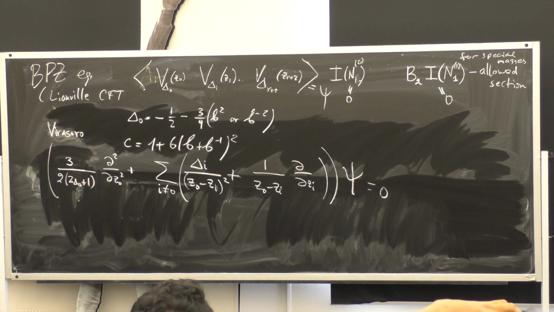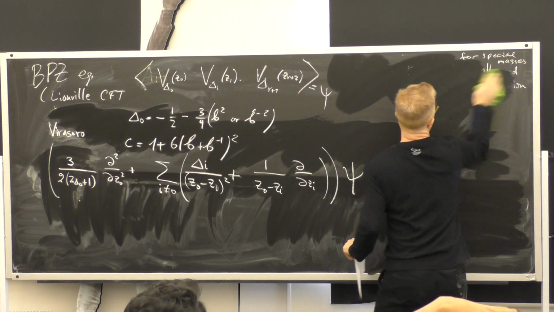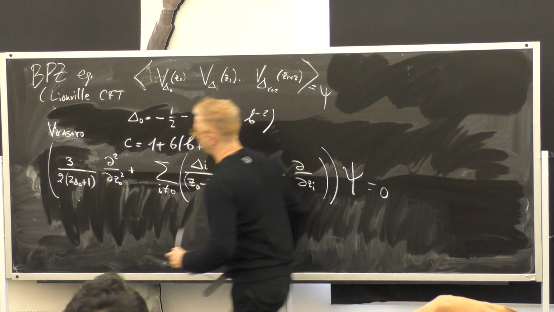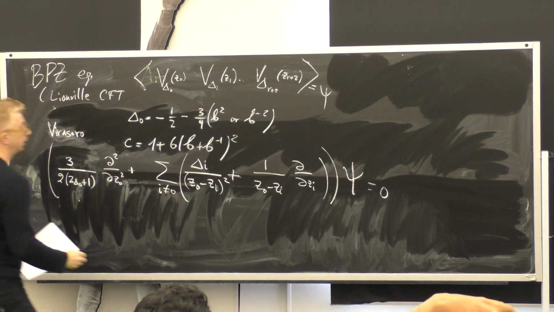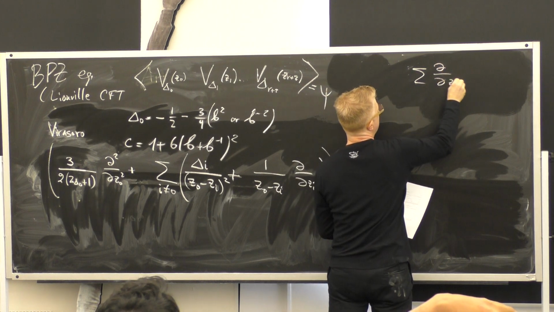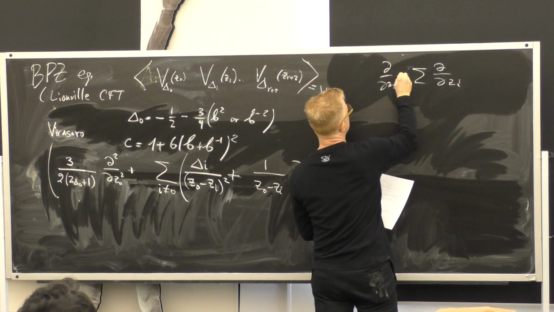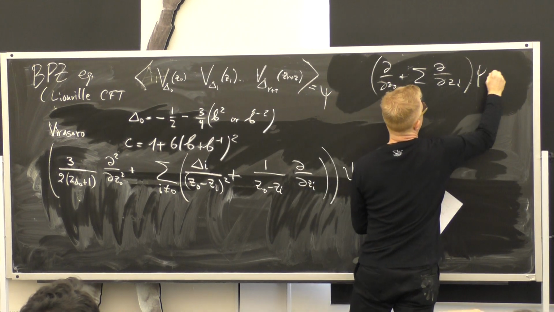And then, in addition to that equation, there are also standard global SL2 invariance conditions. So there are 3 conditions, namely the sum of d by dz i, and so on, acting on psi equals 0.